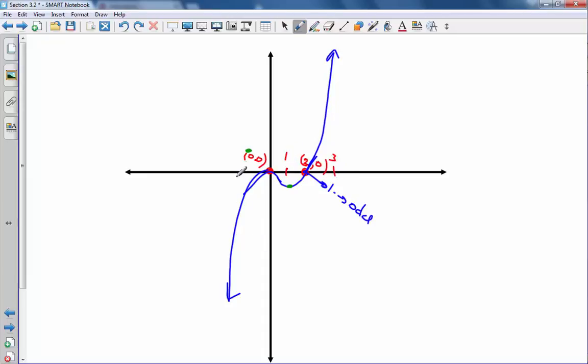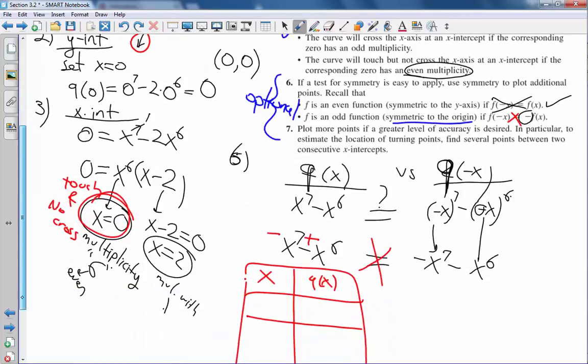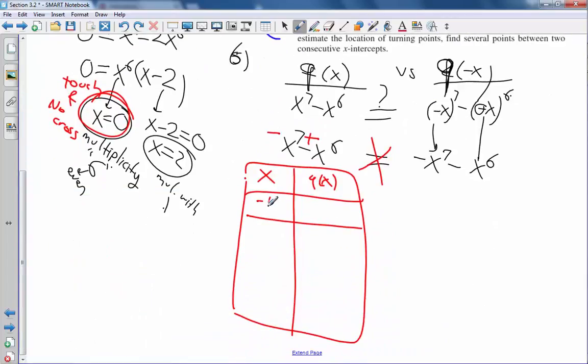These are good values. -1, +1, and 3. And compute them. It's going to give you a better picture.